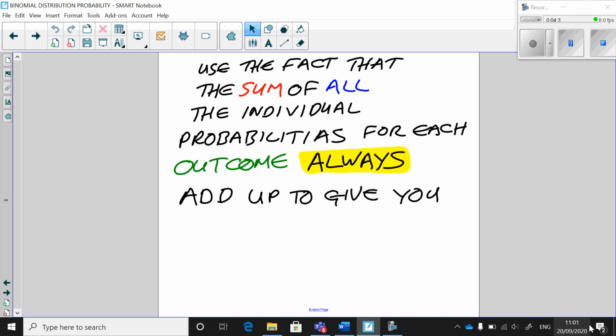Like on the heads and tails, there were 2 of them, but they always added up to give you 1. On the dice, when we added up the 6 probabilities of 1/6 for each of them, we always get 1. So here, probabilities are not always the same, but they always add up to give you 1. So there's the magic number, 1.